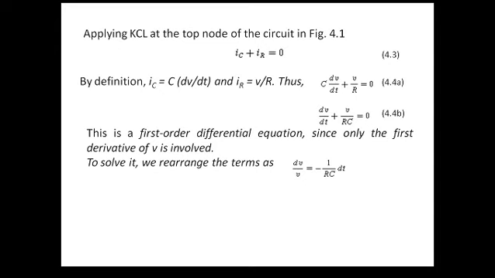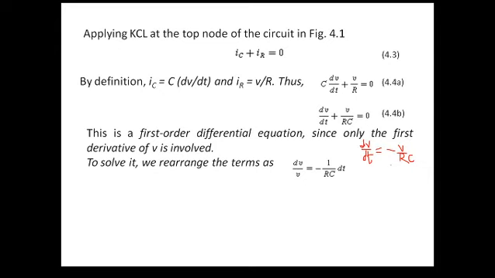Write this equal to this; once you shift that side, you get a minus. So dV by dt equals minus V by RC.